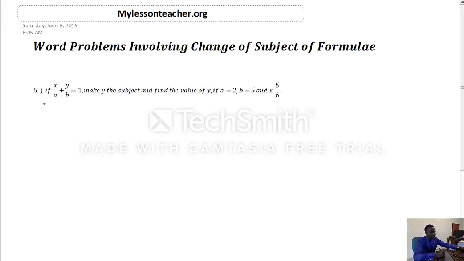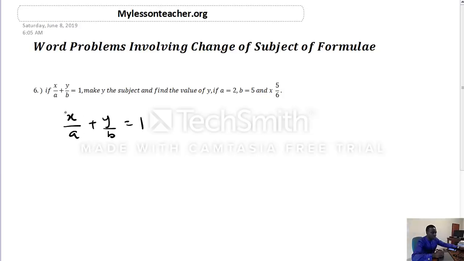Question 6 says, given this expression or this equation, that we should make y the subject and find the value of y given a, b, and x. So the question says x over a plus y over b is equal to 1. Same thing as we did in the previous example.